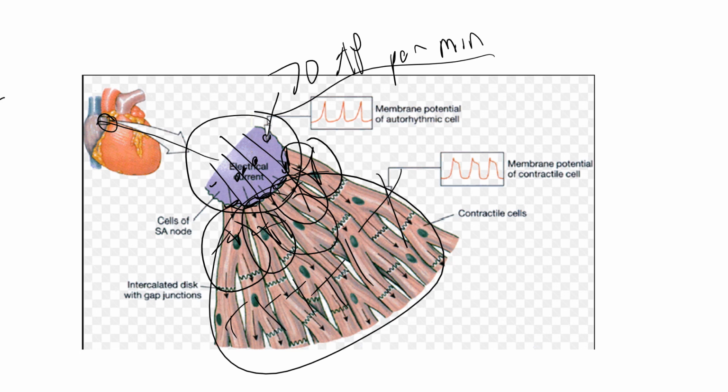So we'll get to the actual contraction part of how an action potential causes a cardiac muscle fiber to contract once we discuss how these cardiac muscle fibers generate action potentials and how that causes them to contract. It'll all come together.